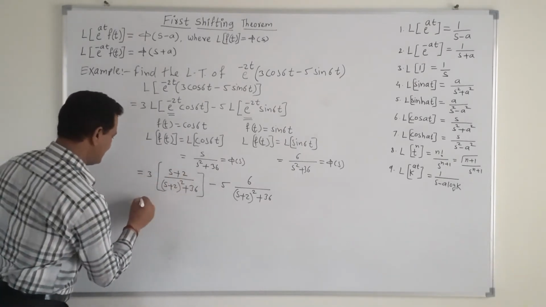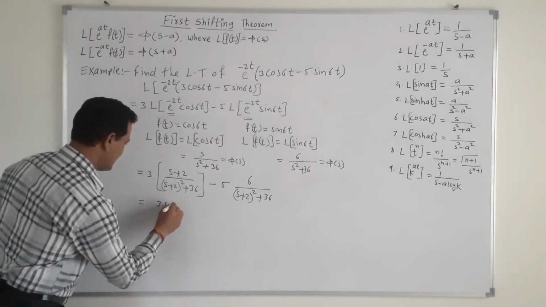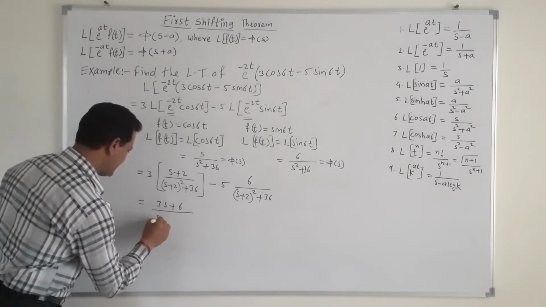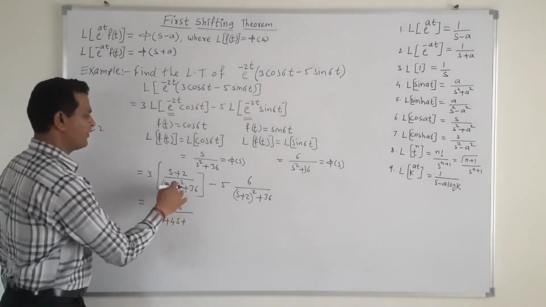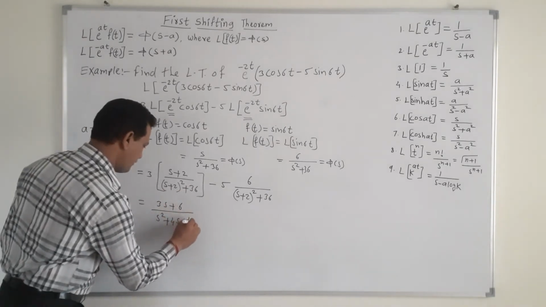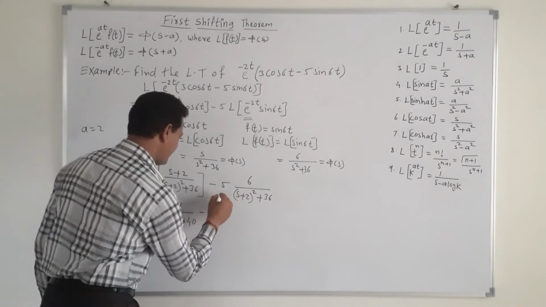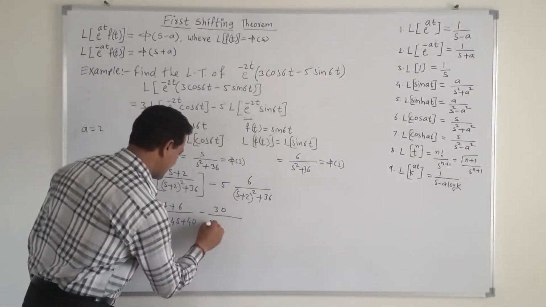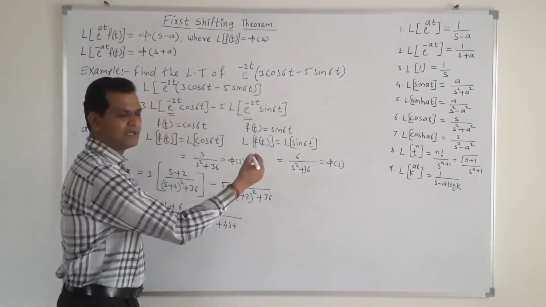Now simplify this. We get 3s plus 6 upon the denominator s square plus 4s plus 4 plus 36. Then minus 5 times 6 is 30 upon again s square plus 4s plus 4 plus 36.